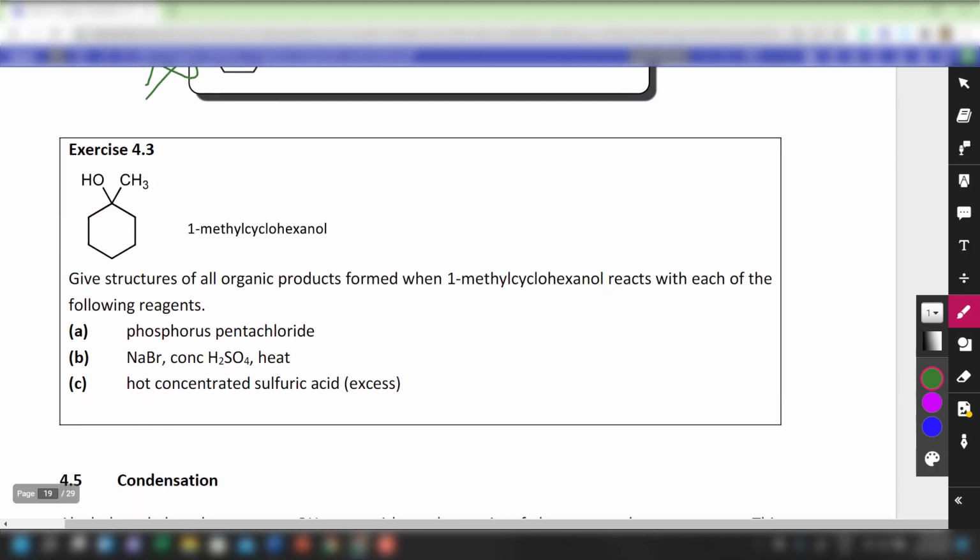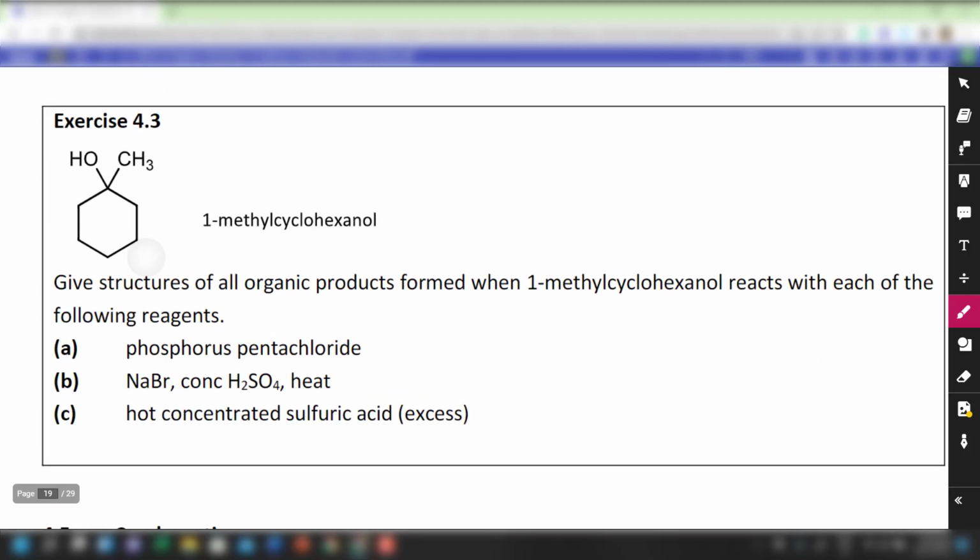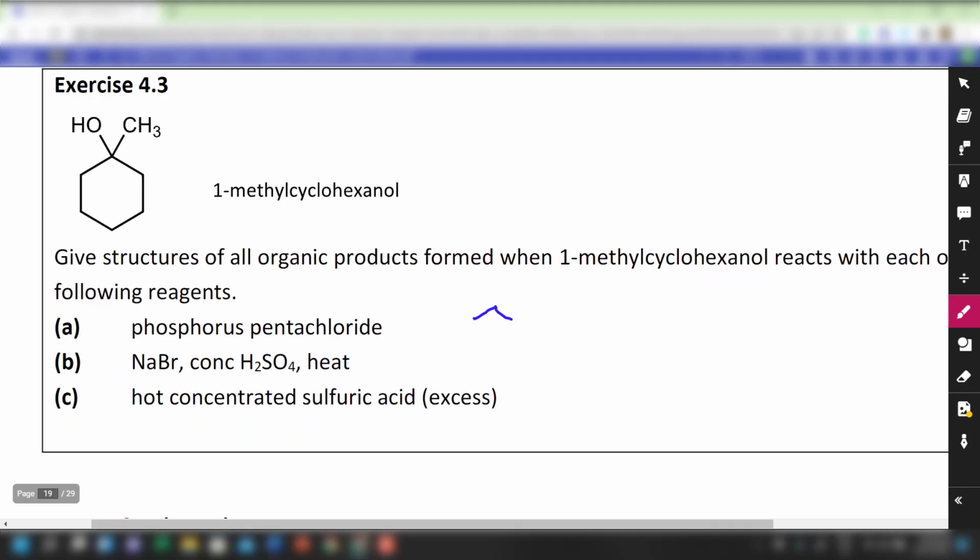Okay, for exercise 4.3, we have 1-methylcyclohexanol. So you are asked to give structures of all products formed when 1-methylcyclohexanol reacts with each of the following reagents. So if it reacts with PCl5, okay, I'm going to get the OH group being replaced by Cl.